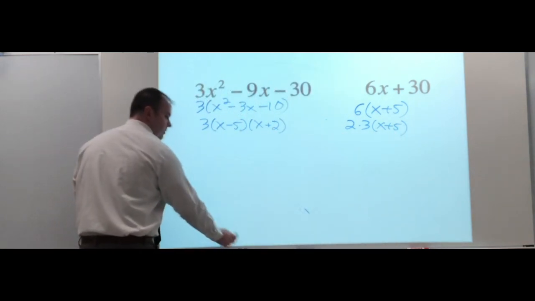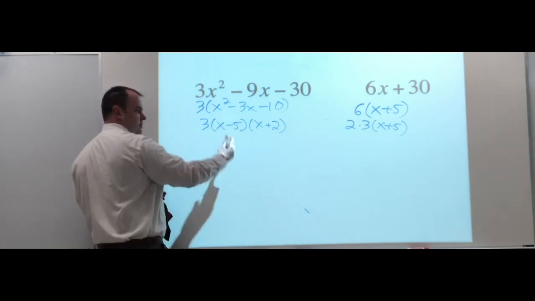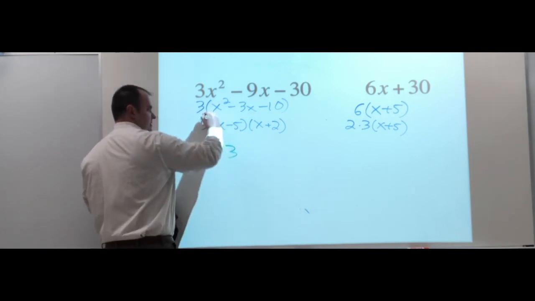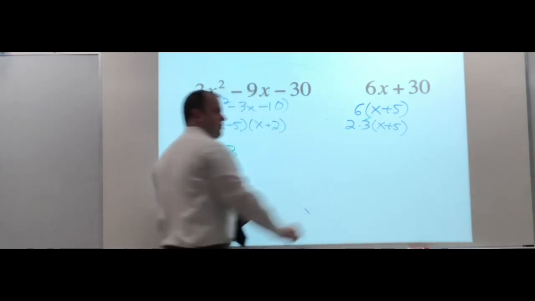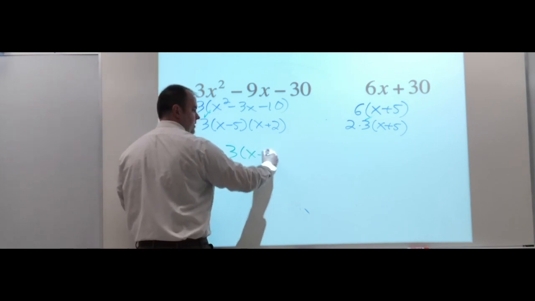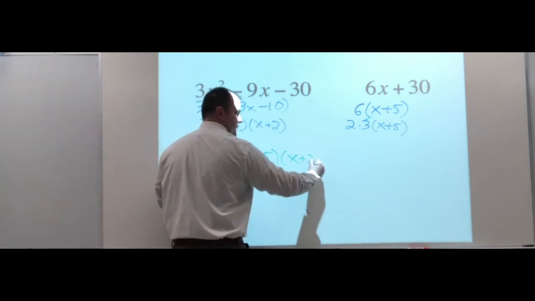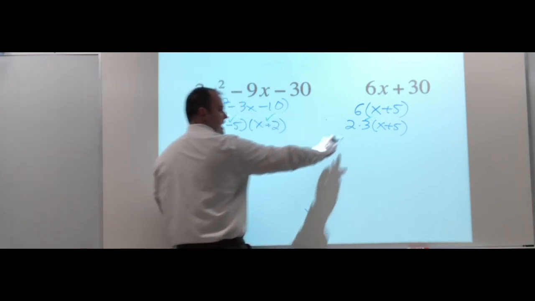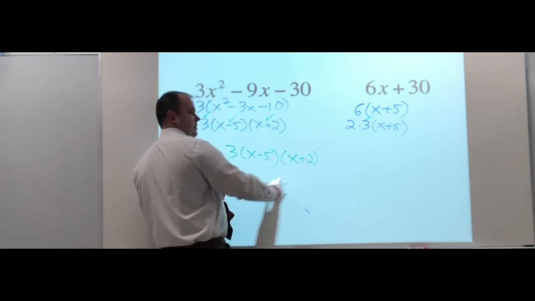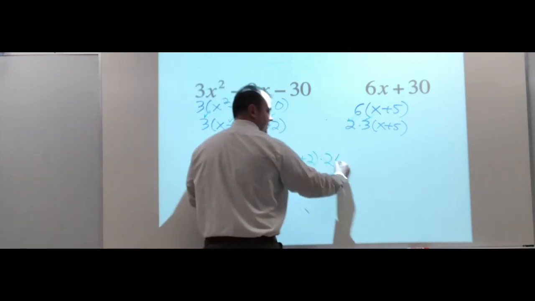Okay, so now if I'm going to write this out, I'm going to start on the left-hand side and work my way across. 3, so that means this 3 and that 3 are represented. We have our x minus 5. We have our x plus 2. We have another 2, or that is our first 2, sorry. And then x plus 5.